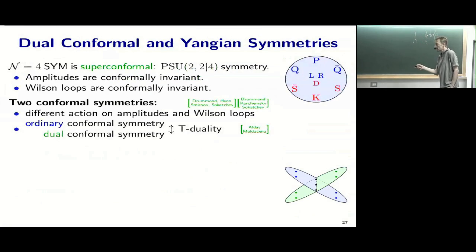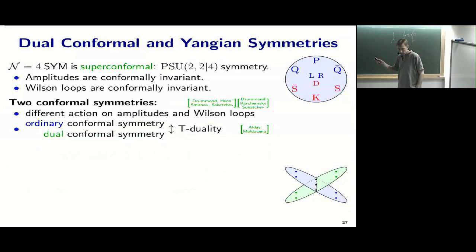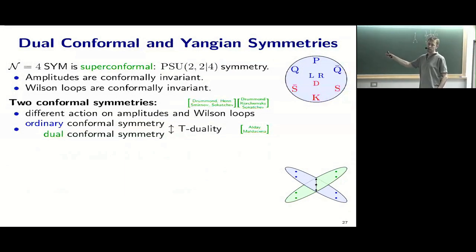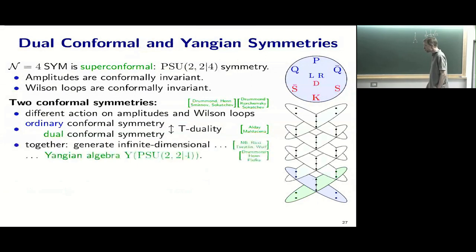Or you could also say you have two different types of conformal symmetries. One ordinary conformal symmetry, which acts on your object as it should. And then you have another conformal symmetry which acts on the dual object, transforms that, but acts in a different way on the original object. So these are two sets of conformal symmetries, and you can say by AdS CFT, they are related by T-duality.